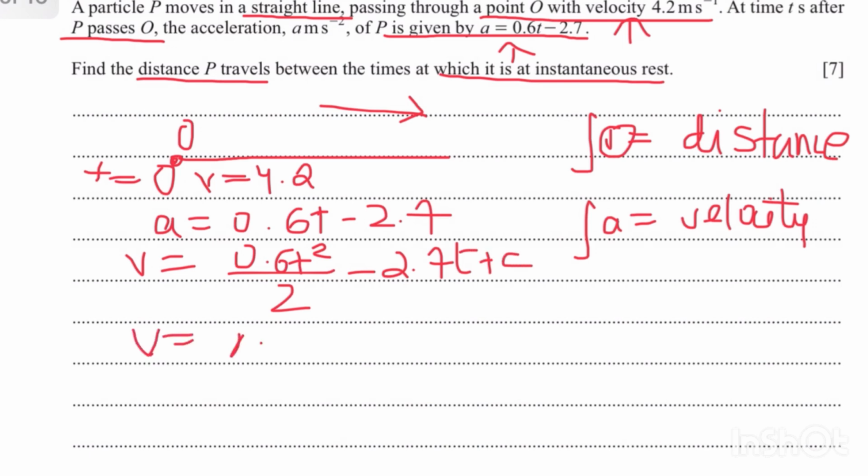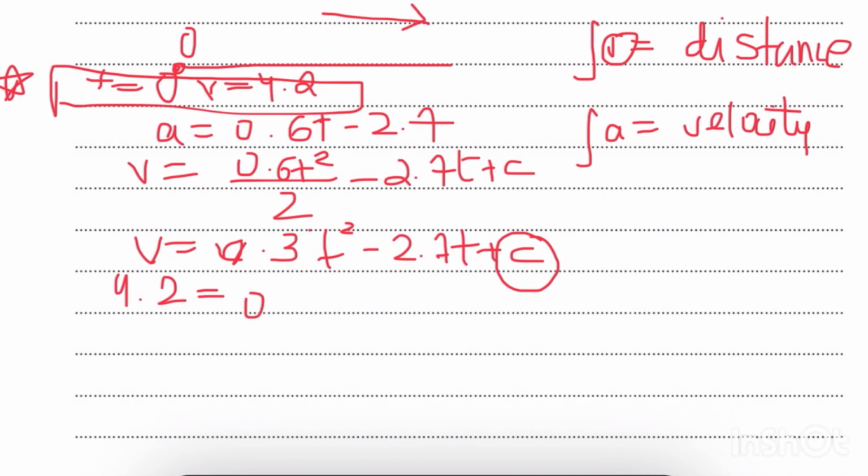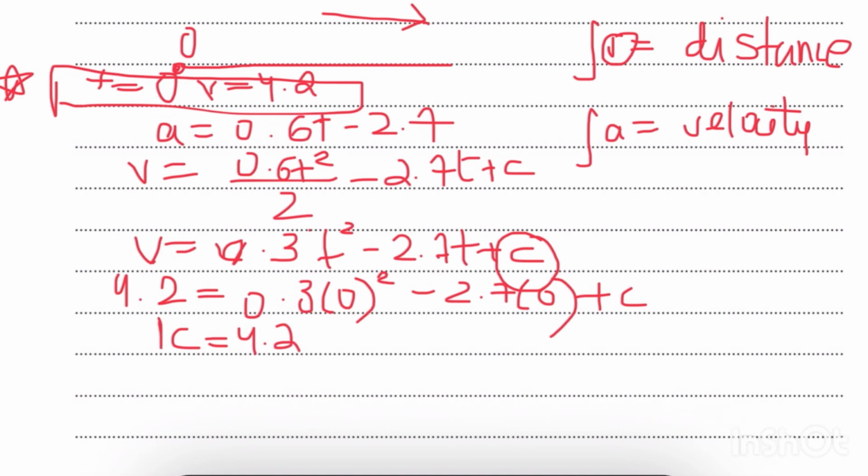So v is 0.3 t squared minus 2.7 t plus c. Now, in order to find this arbitrary constant, we can use this information over here. So when we substitute the value of t, the velocity must be equal to 4.2. So 4.2 must be equal to 0.3 times 0 squared, which again becomes 0, minus 2.7 times 0, so 0, plus c. That means c is equal to 4.2.